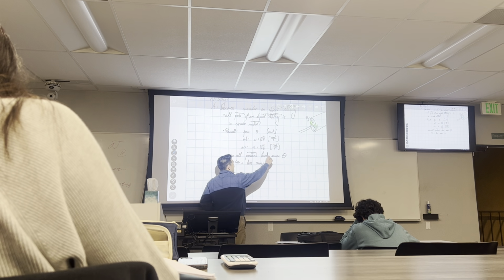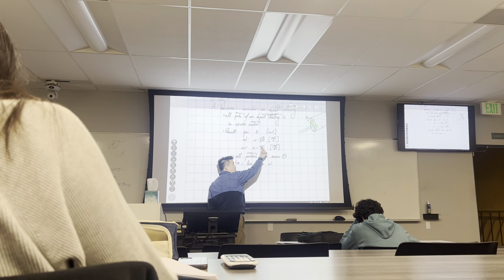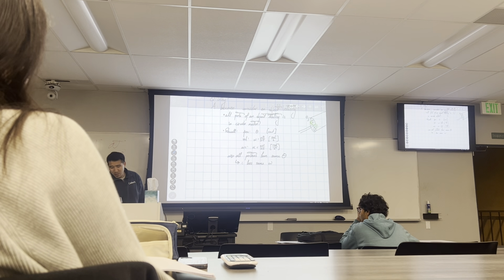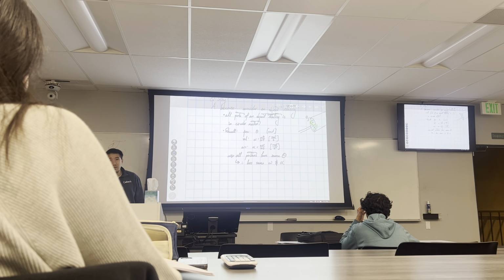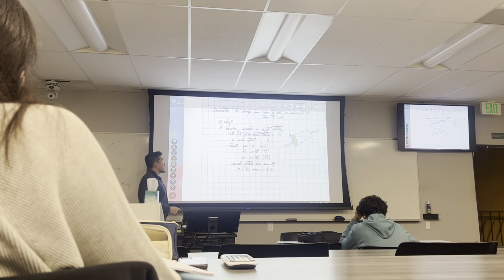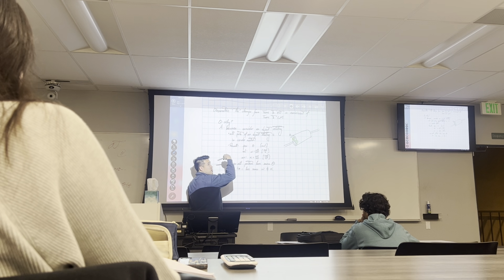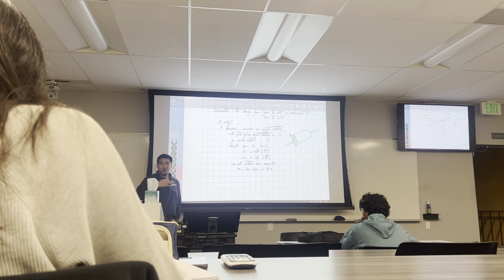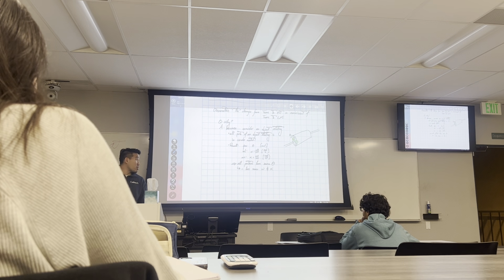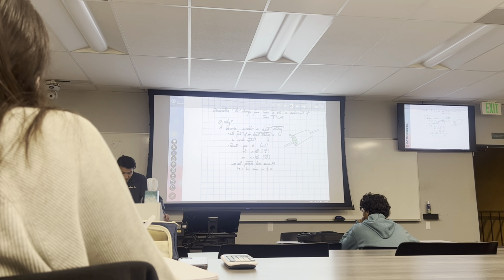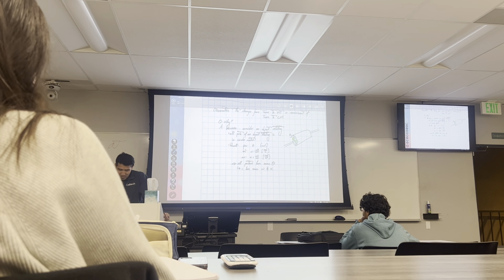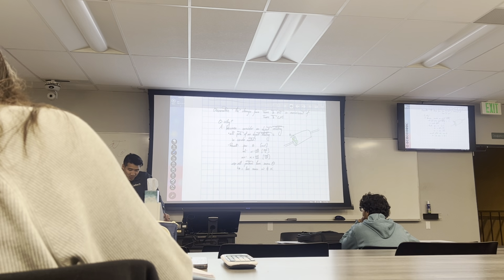But notice, alpha depends on omega, and so if they have the same omega, they also have the same alpha. And this is why, going from translation to rotation, we're using the same notation as circular motion, because rotation is essentially a collection of objects moving in the same circle, or the same circular motion.